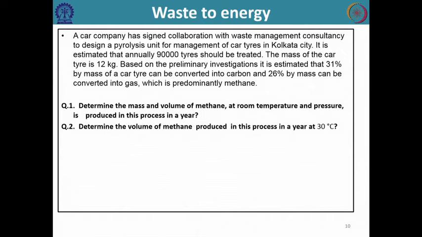The mass of one tire is 12 kg. Based on the preliminary investigation, it is estimated that 31% by mass of a tire can be converted into carbon and 26% by mass can be converted into gas, which is predominantly methane. The first question that we are being asked is to determine the mass and the volume of the methane.